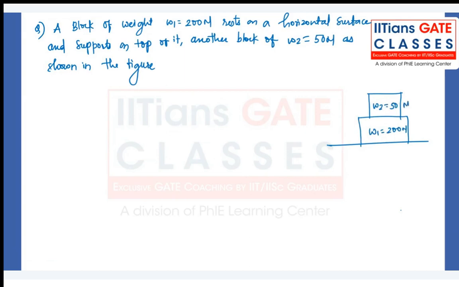The block W2 is attached to a vertical wall by inclined thread AB.